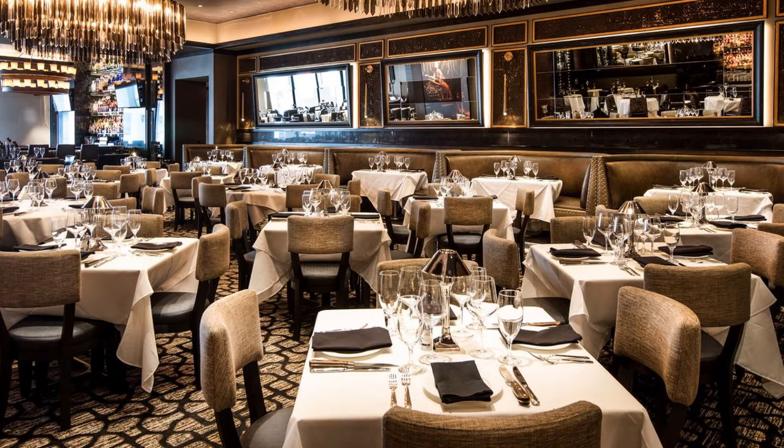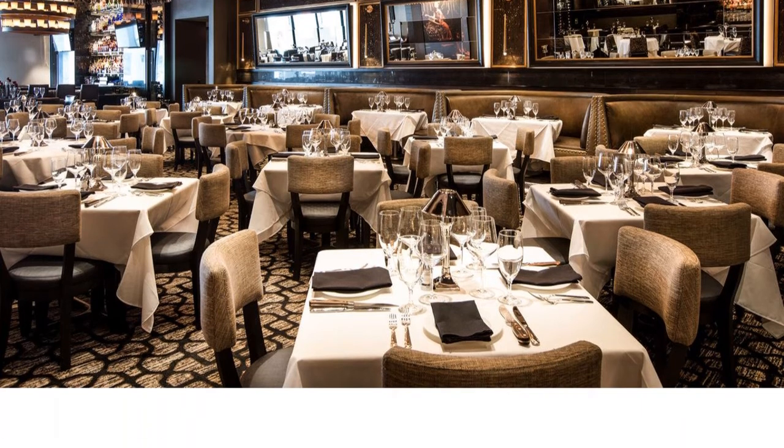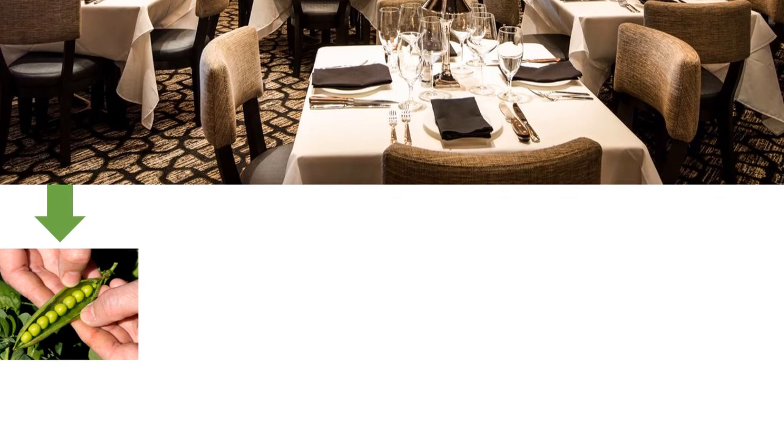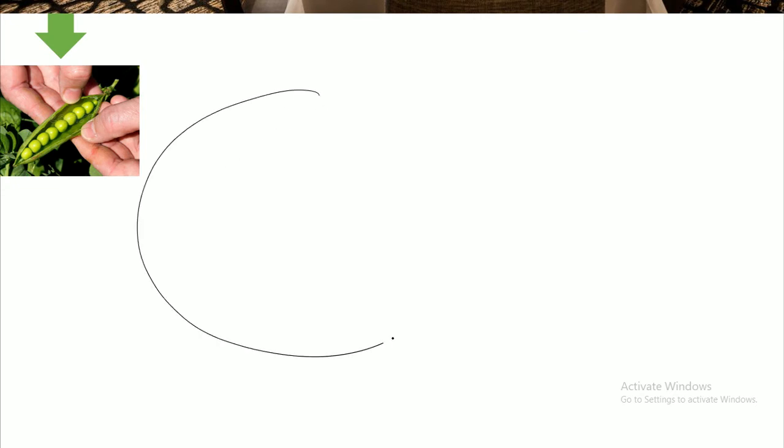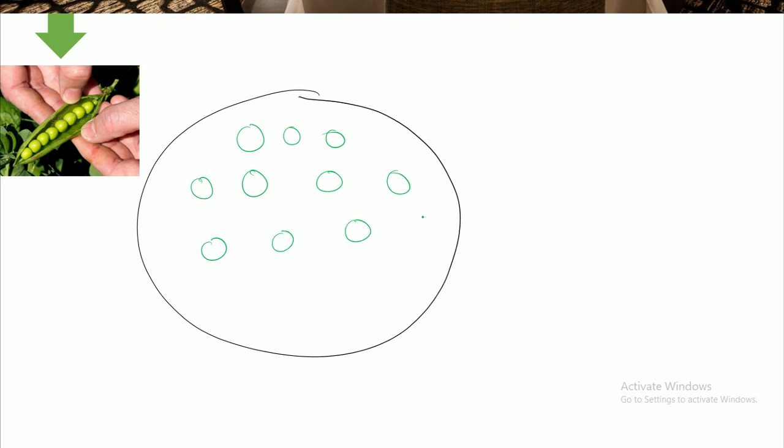Let's say you were invited to a dinner party. And let's say for our example's sake, this dinner party only serves peas. So let's say here's your plate, and what the waiter gives you is, let's say, 15 peas. 1, 2, 3, 4, 5, 6, 7, 8, 9, 10, 11, 12, 13, 14, 15. 15 peas in total.